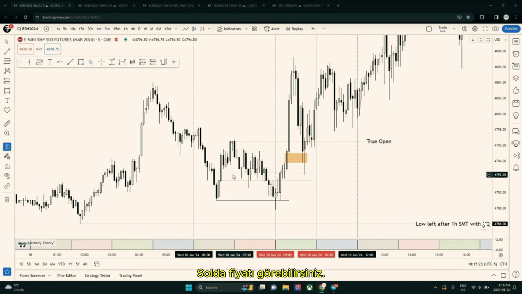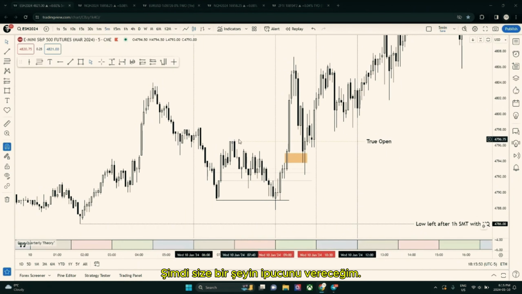If you look to the left, you can see the wick down to this inverse fair value gap right here, and this inverse balance price range right here. So we had price trade above the true open, then begin to consolidate at the true open with the lower time frames right here.